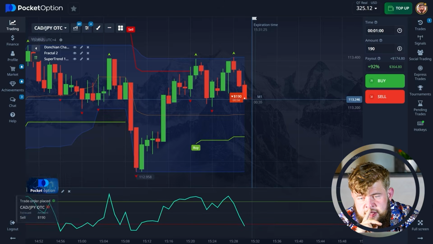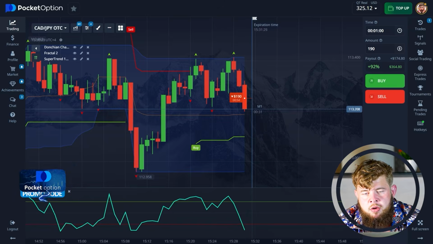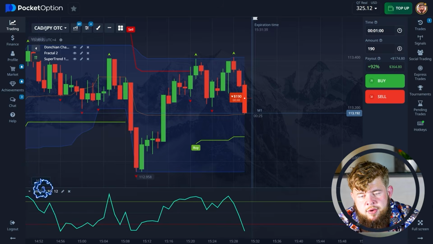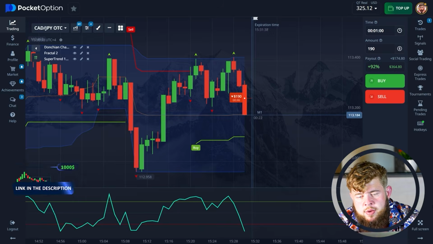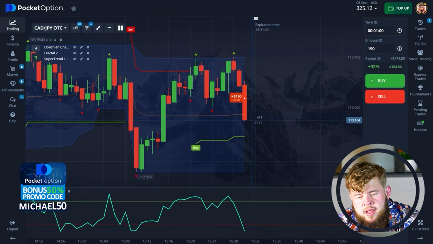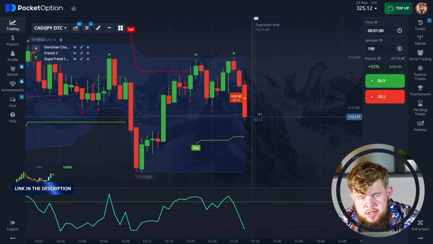But I prefer to open sell position, because according to the technical analysis and movements that we have right now, we have formed the double high candle pattern, and after this we are ready to go lower. So we have made the new local low, and after this we are ready to go lower towards the bottom line of this Donchian channel.